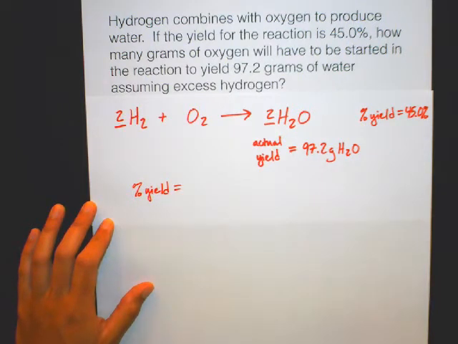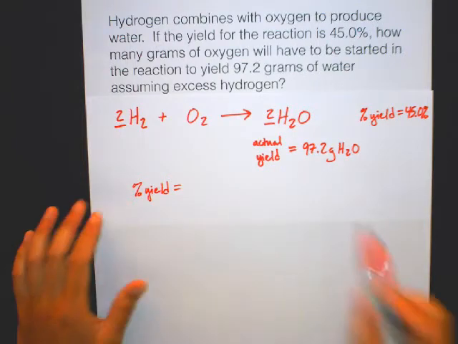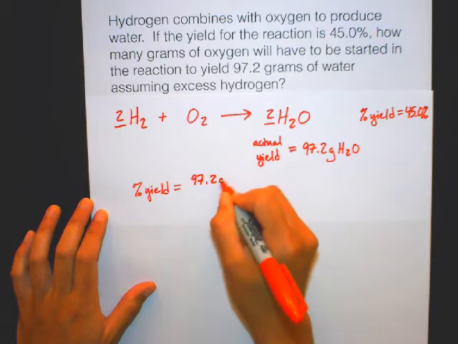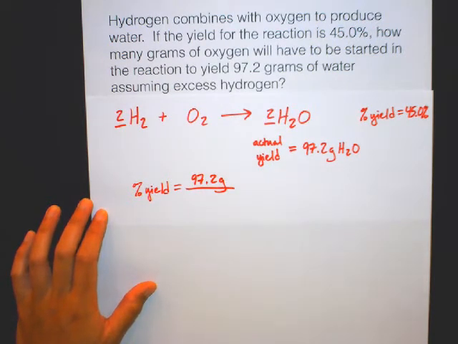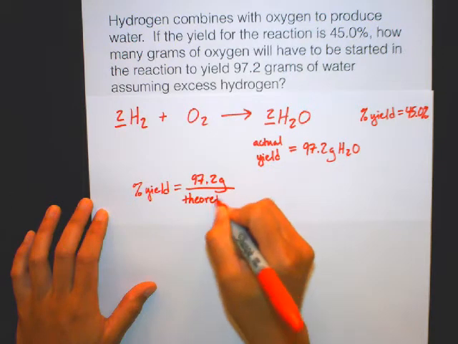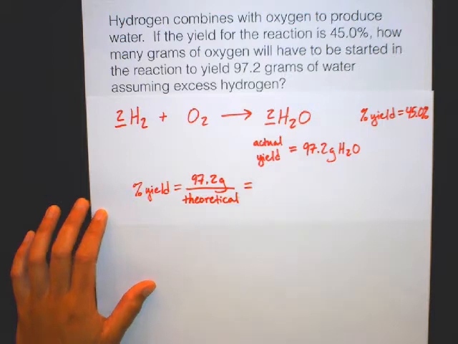All right, so we know that our formula for percent yield is what goes on the top of a percent yield? Actual yield, right? So we know the actual yield is 97.2 grams. And then what goes on the bottom? Theoretical, which we don't know.